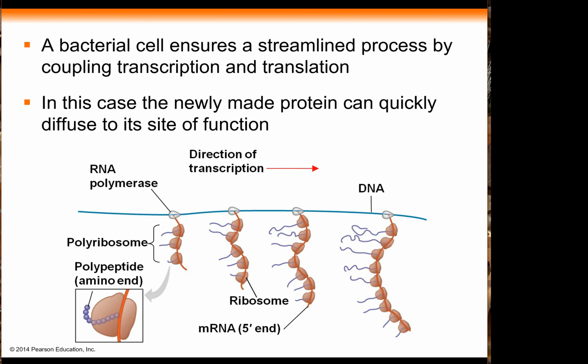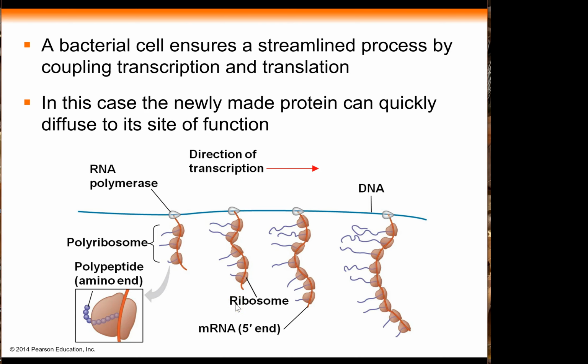In bacterial cells, they've got one leg up on us eukaryotes. Because there's no separation between transcription and translation, they can have transcription and translation happening for a gene at the same time, multiple times. So let's take a look at this particular image. Here we've got the DNA of a particular gene, and you can see that along the DNA, you've got 1, 2, 3, 4 RNA polymerases chugging along and transcribing this gene to make their red mRNA transcripts.